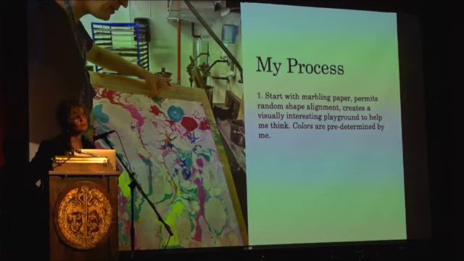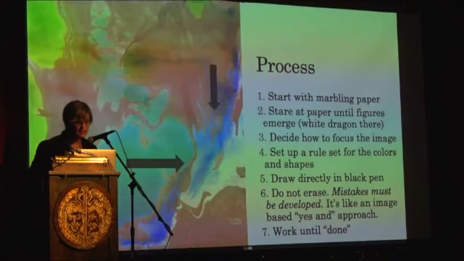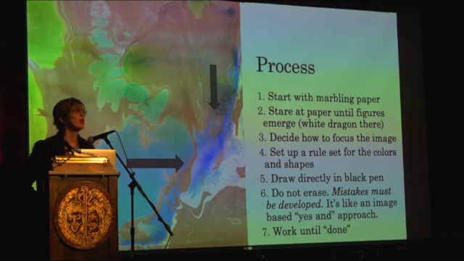And we know that colors perform that influence change in every single culture that you're in, right? And so I can't speak for any other culture than mine when I'm working with color. And so every single picture starts with this choice of colors. And I like it because it permits random shape alignment, right? So nothing is worse for me than staring at a blank sheet of paper.